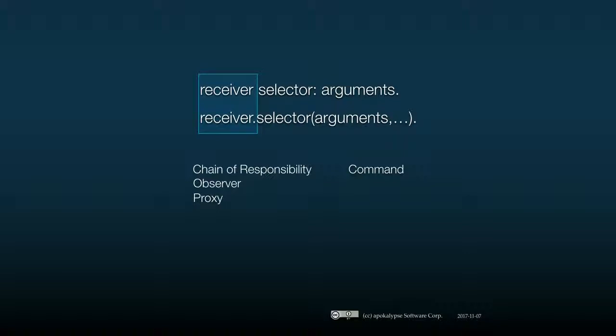But sometimes you don't have or don't want that object to be directly accessible by the client code. There's a pattern category to dissociate the receiver from direct access by the client. And there's another category to capture the entire message or parts for use or reuse in another sequence.